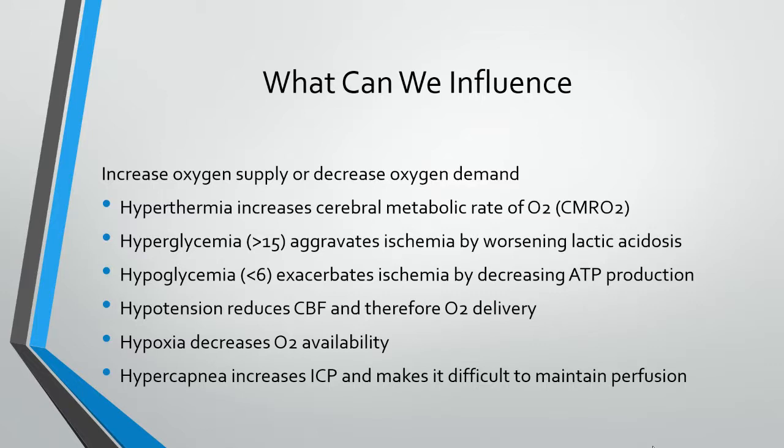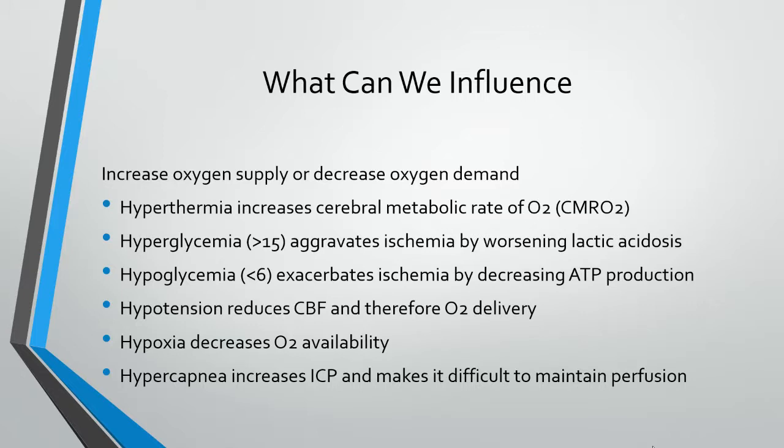Things that we can influence, like I previously discussed, is avoiding hyperthermia, as this increases the metabolic rate of the brain's requirement of oxygen. Hyperglycemia and hypoglycemia, as this can exacerbate ischemia. Hypotension, like I previously discussed, you want to make sure that you're getting good blood flow, and you want to make sure that you're maintaining your cerebral perfusion pressure. So you don't want your mean arterial pressure to decrease, as it will decrease your CPP.